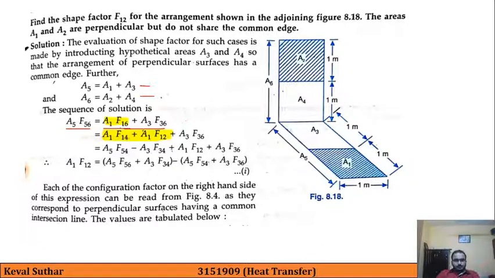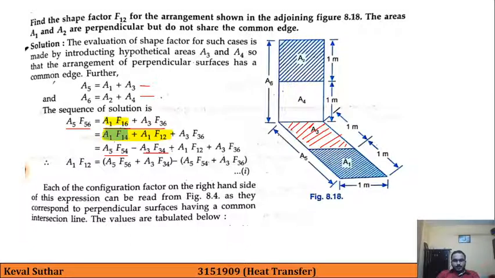And now instead of this portion, we will write another way: for A1 into F14, we can write the whole A5 into F54 minus A3 into F34.